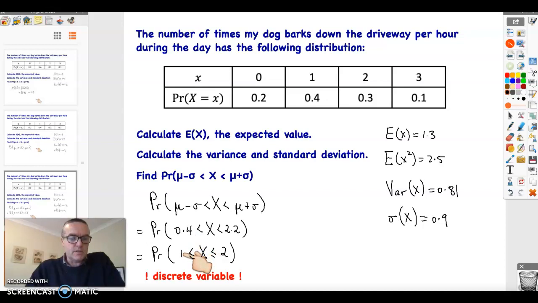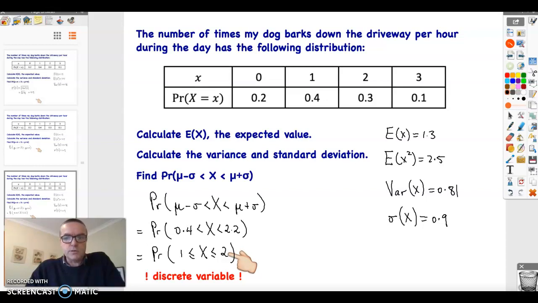And so that's the lowest value that this variable can take if it's going to be within one standard deviation below the mean. And if x is less than 2.2, then the greatest discrete quantity that it can be is 2. 3 is too high, that's greater than 2.2, but if x is to be less than 2.2, the largest value that it can take on is 2.